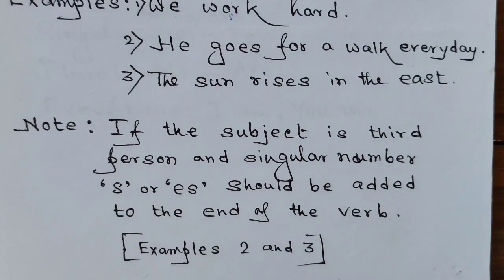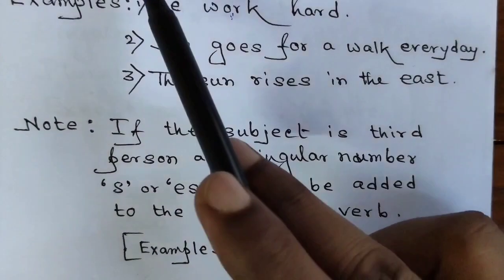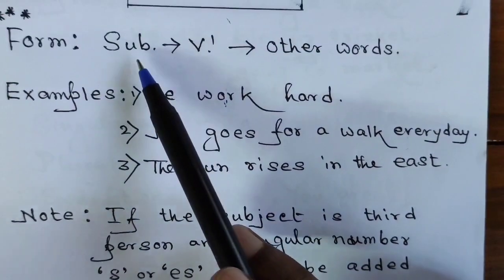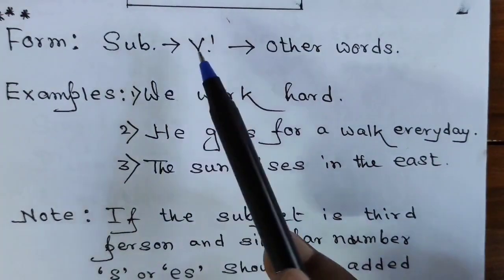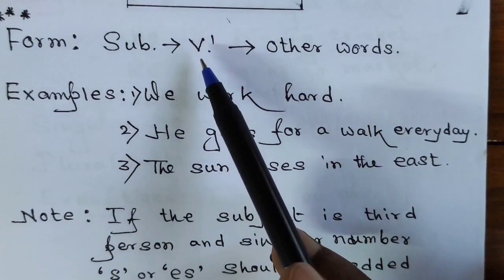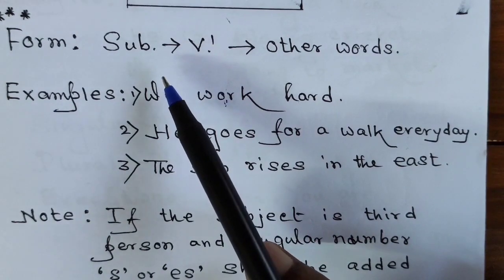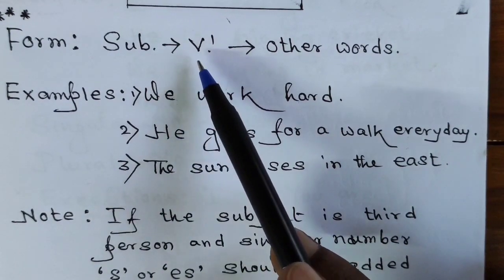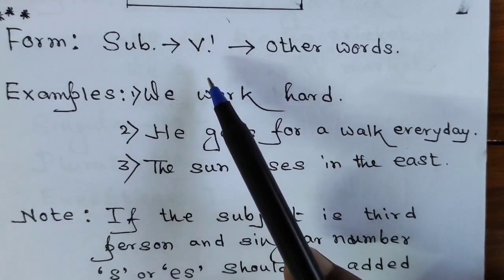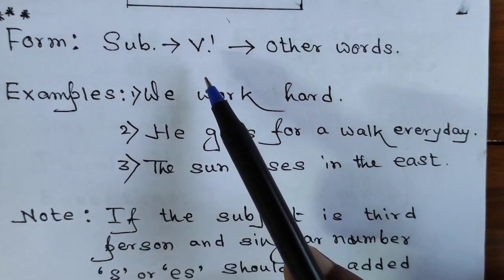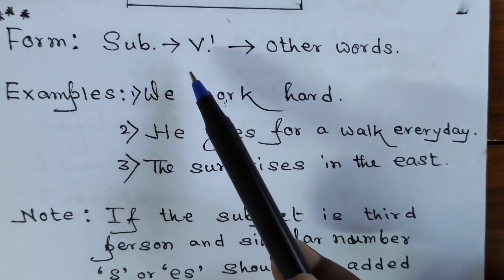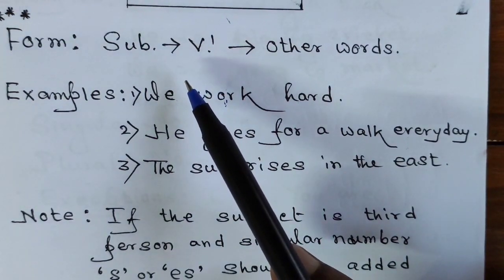We have to think of the form. The subject is there, and after that the first form of the verb is used. In the example of she has a dog, though we have the word has, still we don't have the verb in its third form. Okay, we have to be very careful about the form, and if we look at the form and remember it, I think there is no room for confusion.